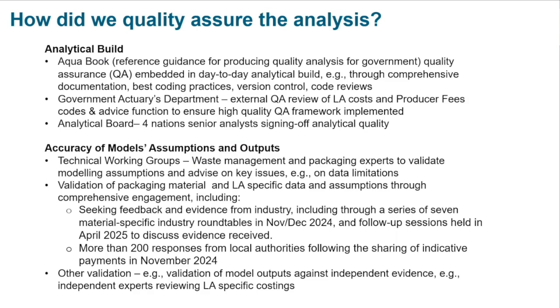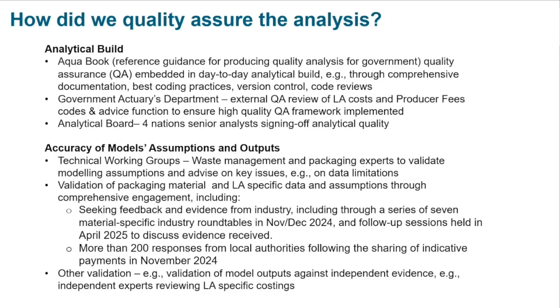If we move on to the next slide, this is a look at how we made sure the model was fit for purpose, accurate, and free of error. The top three bullet points look at our internal team processes. We've designed our coding team and our analysts in accordance with the Aqua Book, which is a fairly well-known document in government, a reference book for producing quality analysis in government.